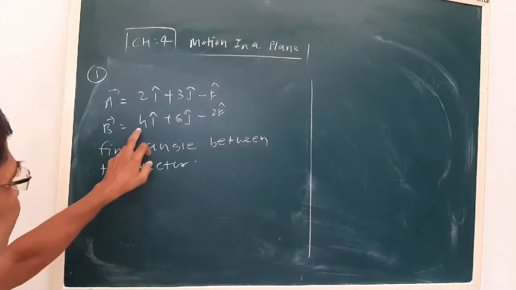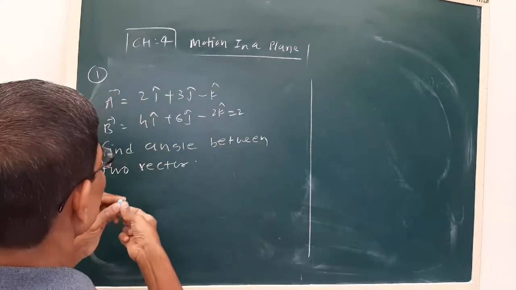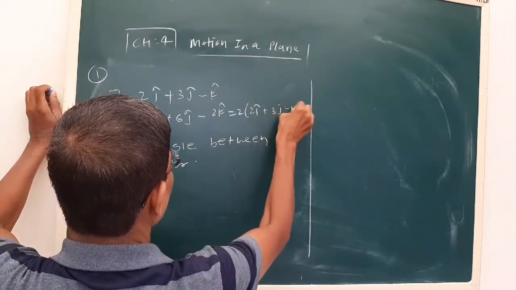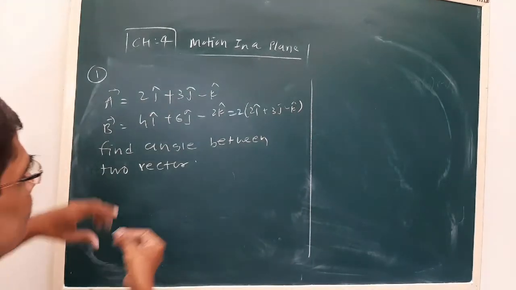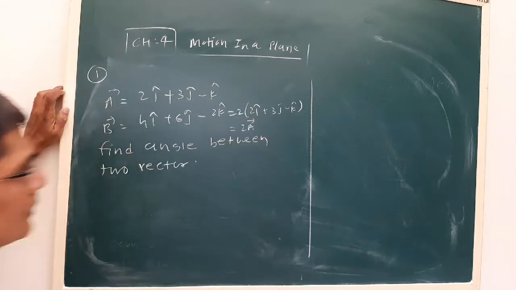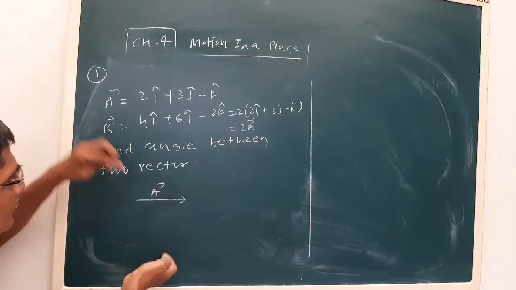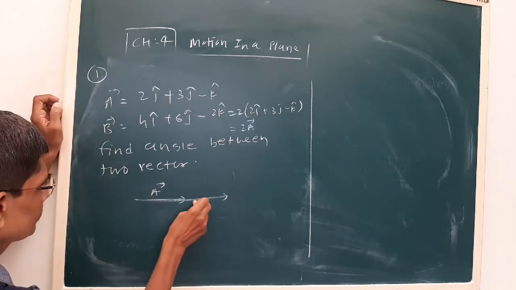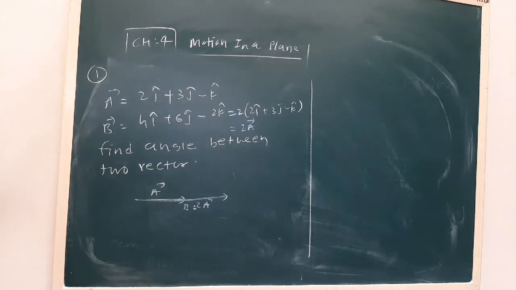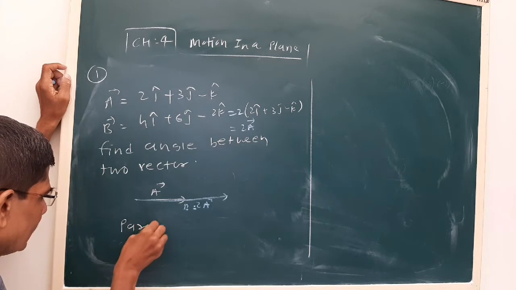What I see is that 2 is a factor of all the terms in vector B. So if I take 2 common, this becomes 2i plus 3j minus k. So B is equal to 2A, that means this is vector A. What does this indicate? These are parallel vectors. So we can write they are parallel vectors.